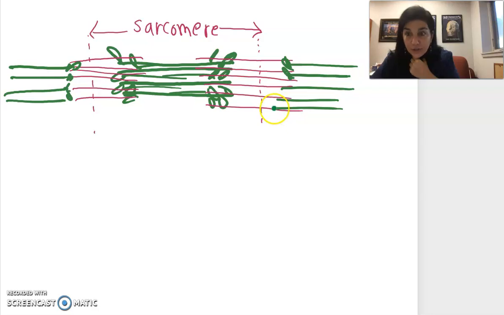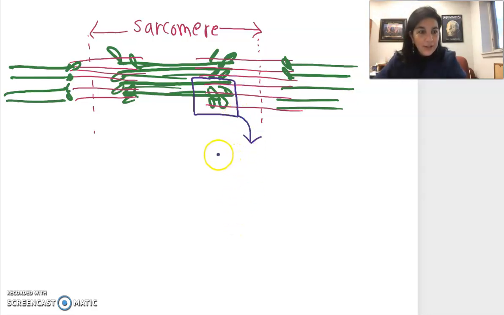So that's what I want to zoom in on. I want to zoom in on this section of overlap. All right. So this section of overlap, I'm going to draw it down here.